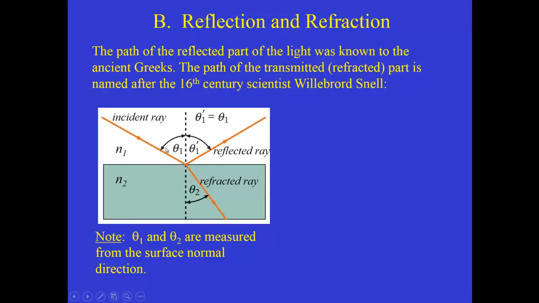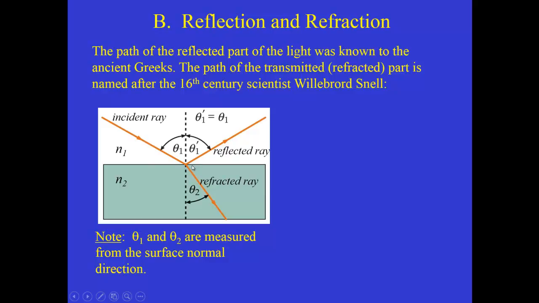And there was a simple property that was known to the ancient Greeks, which is that the reflected ray makes an angle with the normal direction to the surface that's the same as the incident angle. So in the relationships that we're going to write down, we will always measure the angle of the path away from the surface normal, or the dotted line here. So the Greeks knew that theta 1 prime was equal to theta 1 from simple experiments that they did.